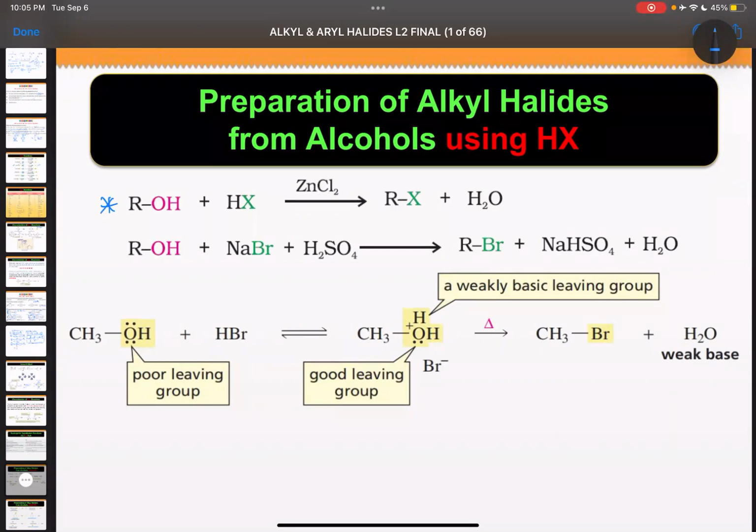What's the name of this reaction? You might have seen it in the alcohol chapter. Actually, this is common to alcohol and alkyl halide. This is preparation of alkyl halide from alcohol. And this reagent has a specific name also. Lucas reagent.